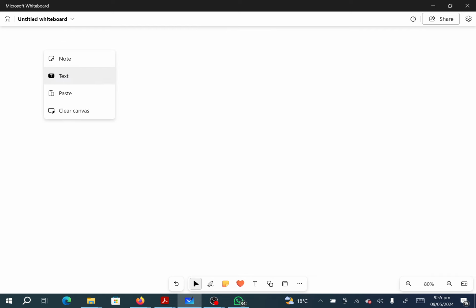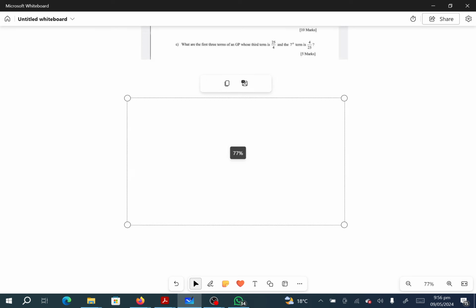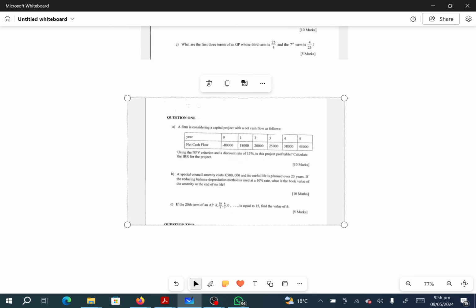It's coming. Still loading. I've pasted, but it's loading. Okay, there you go.